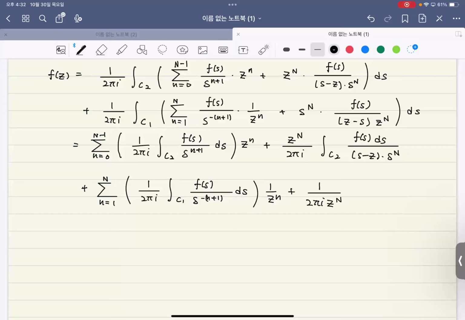Since z has nothing to do with the variable s, and the integral over C1 of f(s) s^n over (z minus s), everything ds. Okay, great.